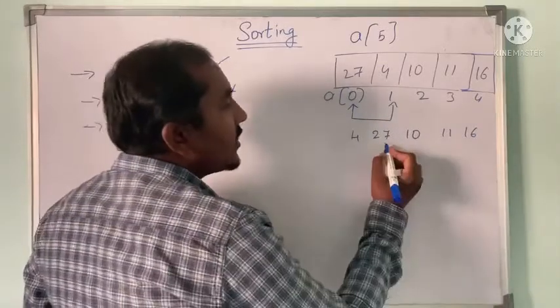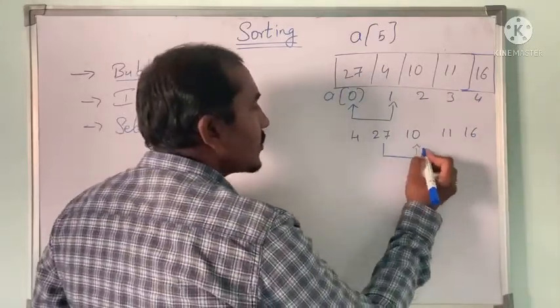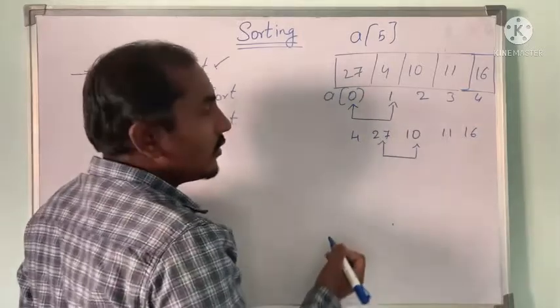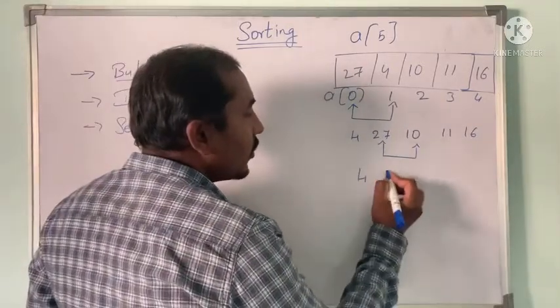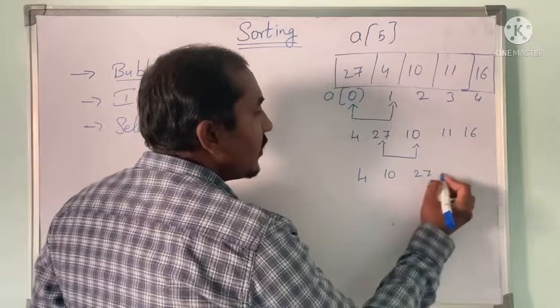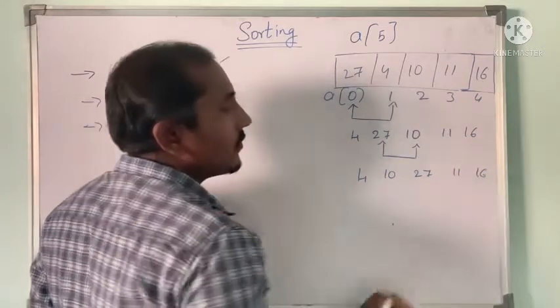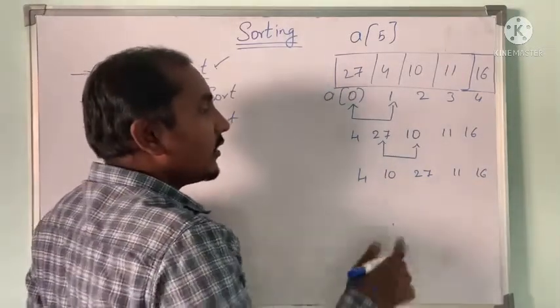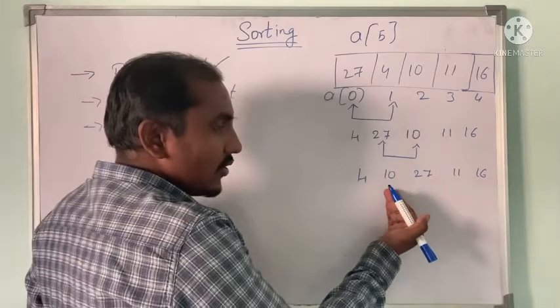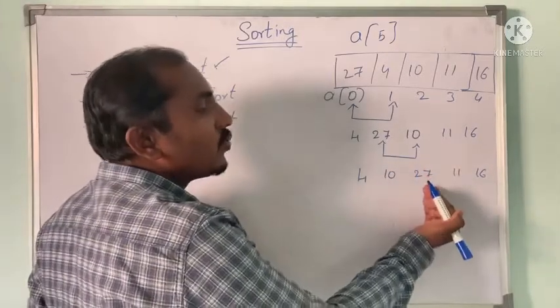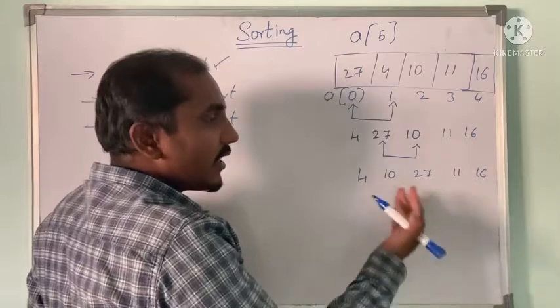Next it is going to compare the next two elements, 27 and 10. In this case I get 4, 10, 27, 11 and 16. It checks that the element on the left side should not be greater than the element on the right side. If that is the case, it is going to swap.